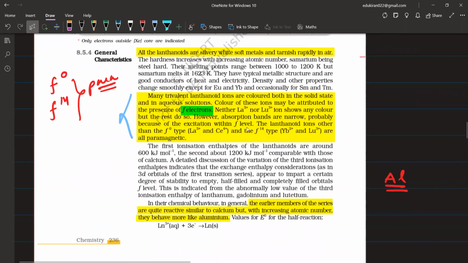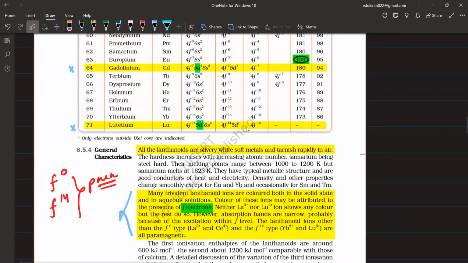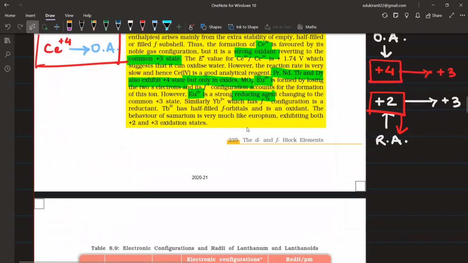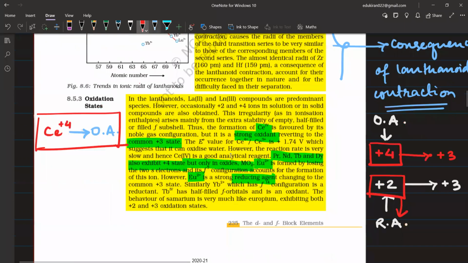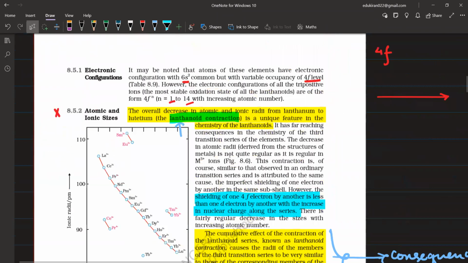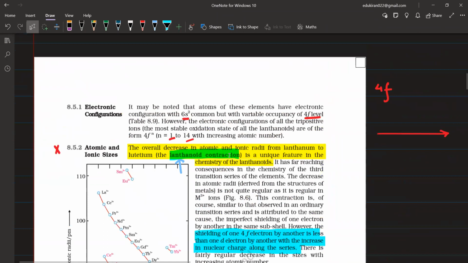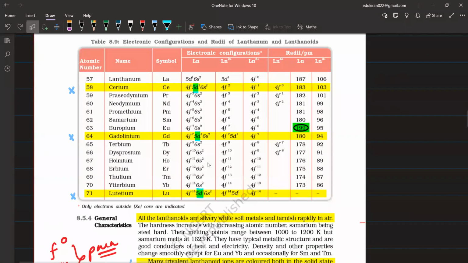ऑक्सीडेशन स्टेट में you have cerium, okay, cerium +4, cerium +4 की अगर हम बात करें it should be having noble gas configuration. Cerium कहाँ पे देखिए, I think it should be in the starting only. हाँ, तो see cerium here, cerium में आपके पास कितने इलेक्ट्रॉन्स हैं?